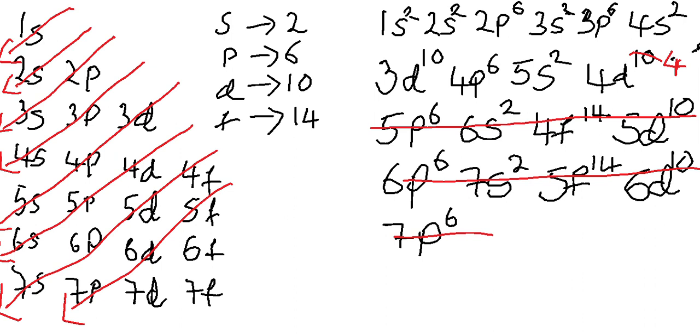However, on the periodic table, the noble gas that precedes this element with 42 electrons has 36 electrons. So we would put down the atomic symbol of that noble gas in square brackets. What is that noble gas? Look up on your periodic table. That noble gas is krypton. So we would write Kr.